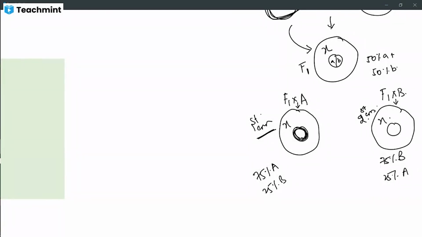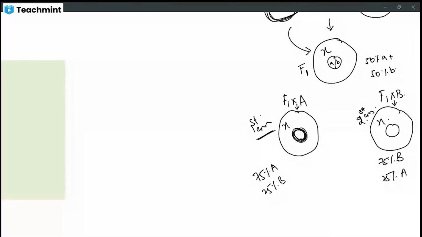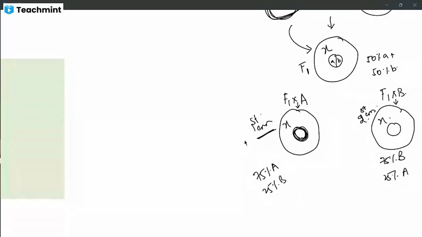Does it have any particular term? Can we represent it as only BC1? We need to represent it as BC1F1. So this is known as your BC1F1.